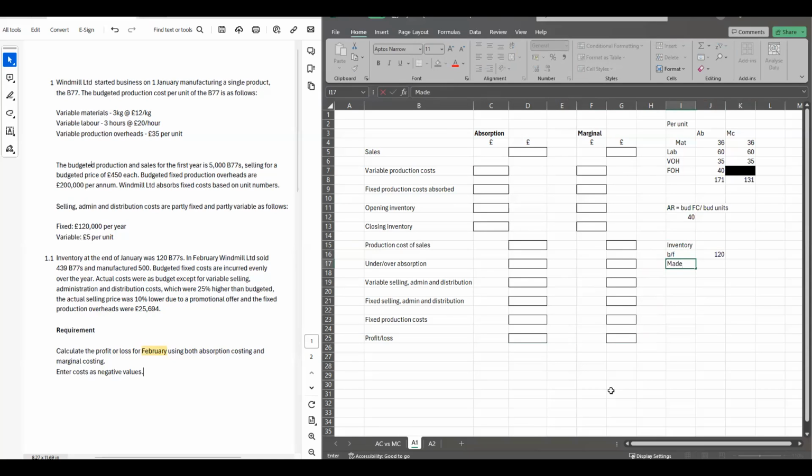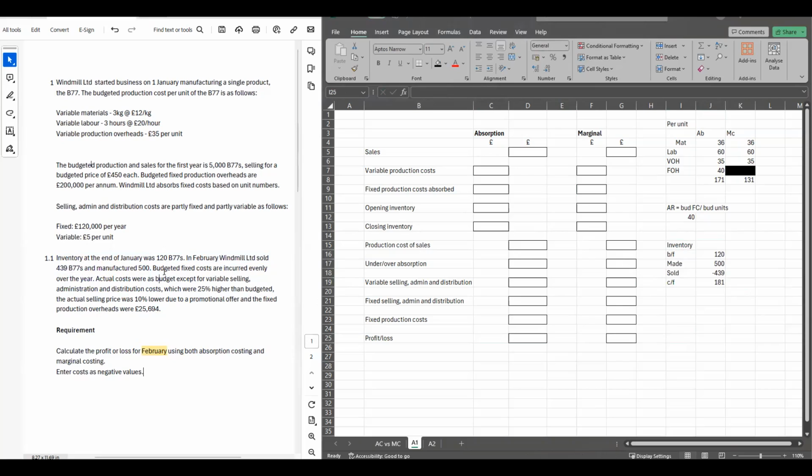We then made 500. We then sold 439, and the sales go in as a negative number because these units have left the business. Then we can get our carry forward inventory, which they don't actually give us, but we can calculate this number. Again, we will come back and use these numbers when we are populating our cost of sales box. That's a really important working to have there.